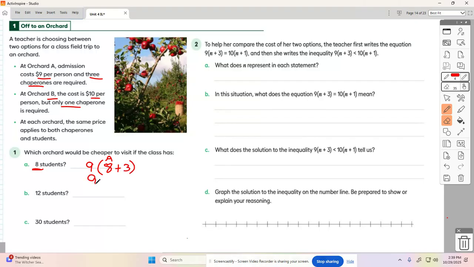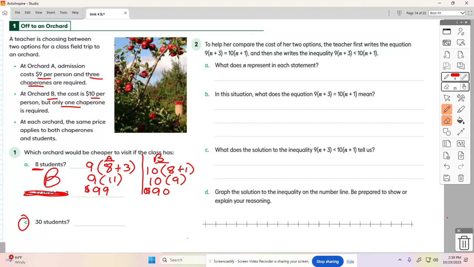So all I have to do is simplify by adding the 8 plus 3, which is 11, multiply it times 9, and I get that it's $99. We're not doing the 12 student one. Orchard B, this time it's $10 a ticket. I still have 8 students, but this time I only need 1 chaperone. Add that together, I get 10 times 9, which is $90. Which orchard is cheaper? B.